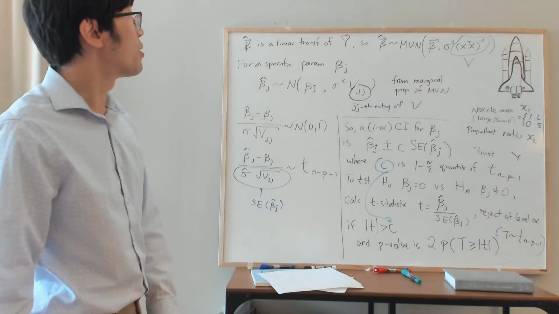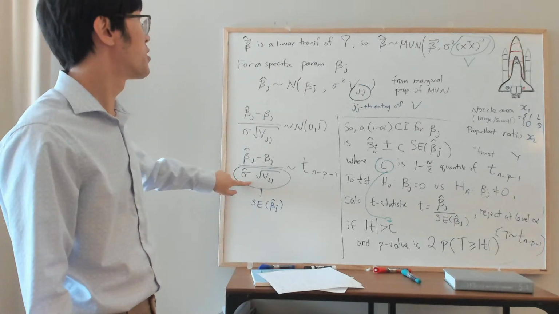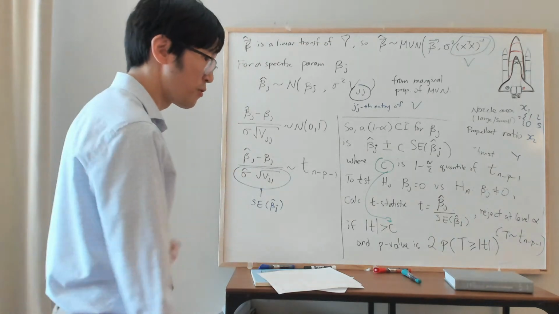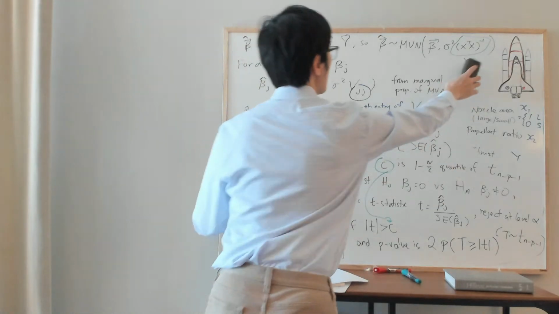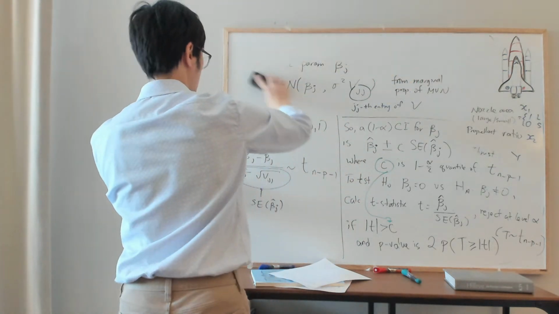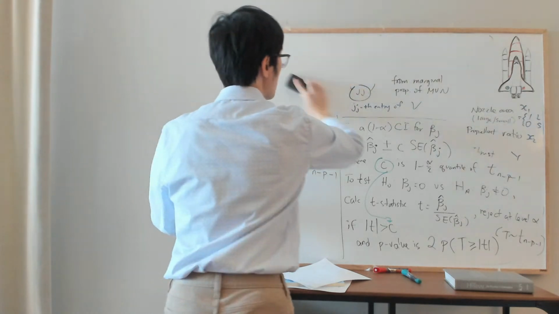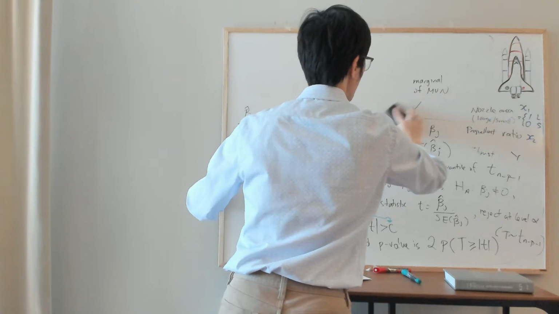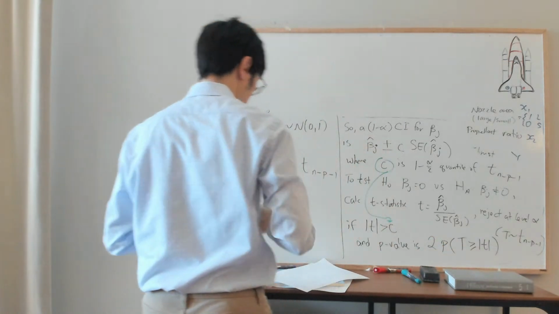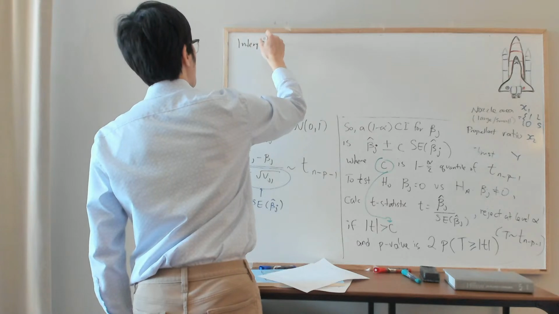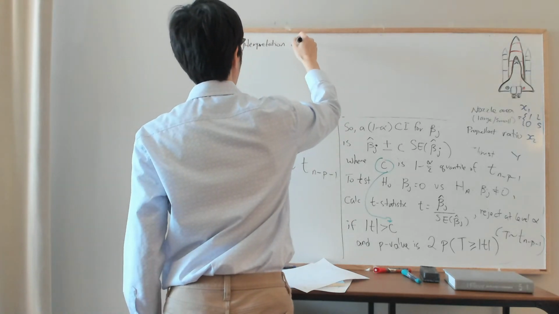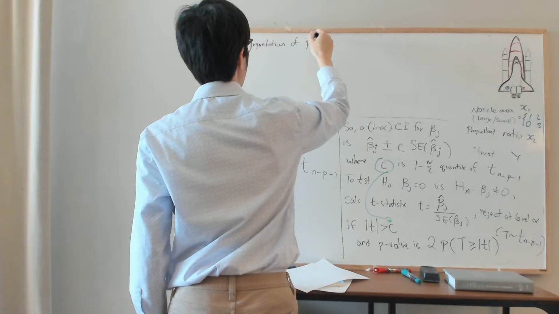Again, correct your notes here: based on the notation the way I define it, this standard error is sigma hat times root of Vjj. Okay, so interpretation of our betas.